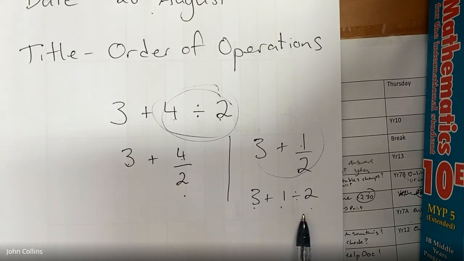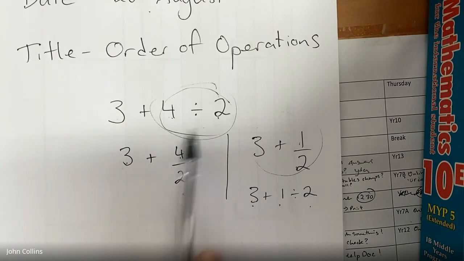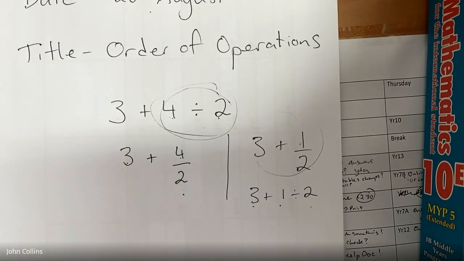Okay. So it's not that they just decided to do it in this order, it's that this is the only order that makes sense, because things like this are already numbers and they cannot be split up and dealt with in 2 different ways. It's like this is in a bracket. You have to do it first because it's in a bracket.